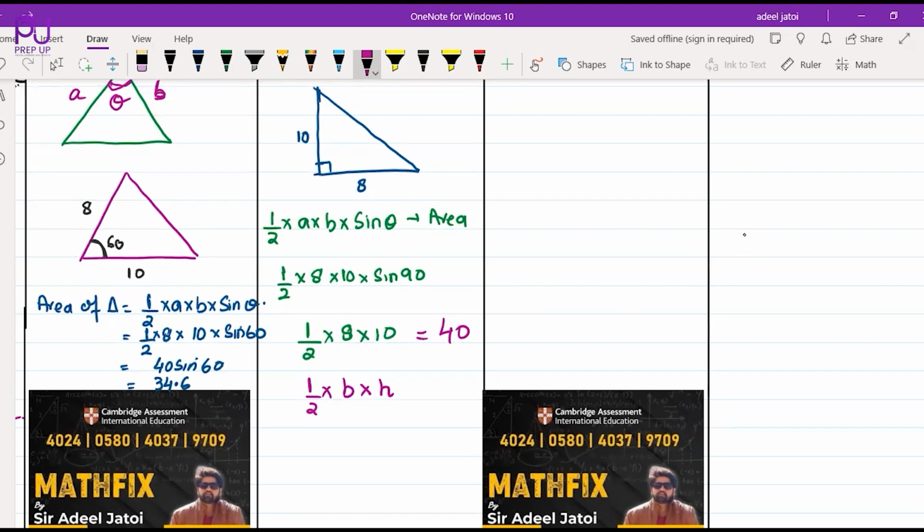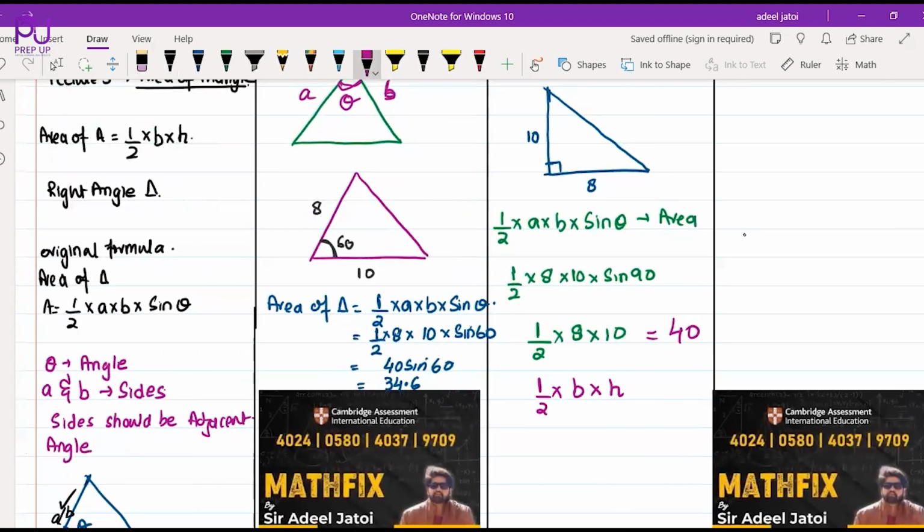Since sine 90 is 1, we have generalized the area formula into half into base into height. However, the original formula, half into A into B into sine theta, is used for any triangle, which means it will basically be used for a non-right angle triangle.